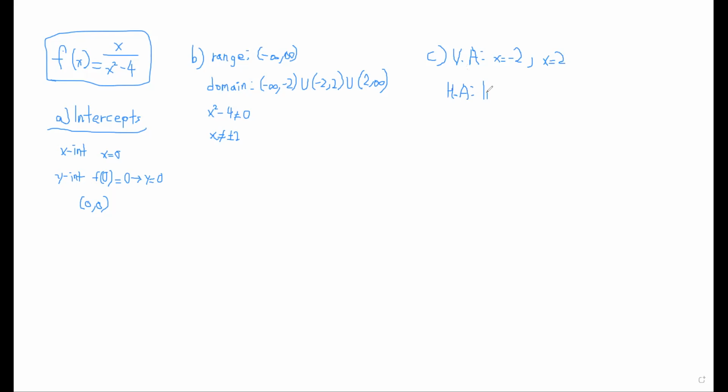So limit as x goes to infinity. Well, I mean, x squared at infinity, x squared is way, way larger than x. So it's pretty clear that it's 0. So there's only one horizontal asymptote. It's at y equals 0.